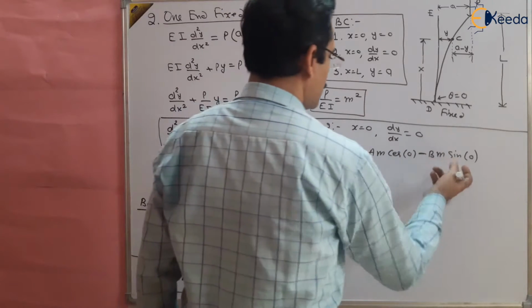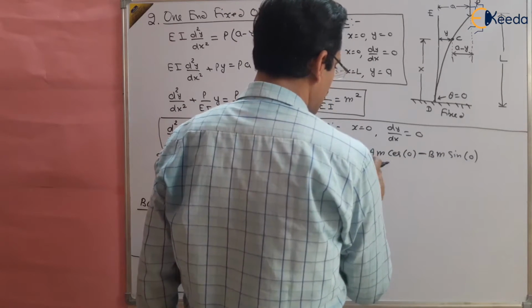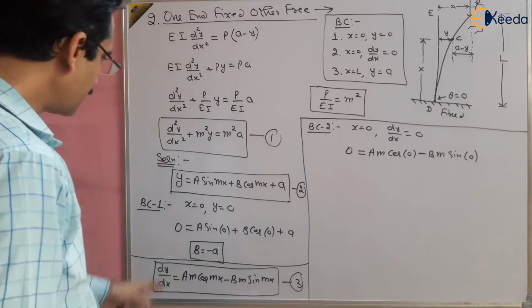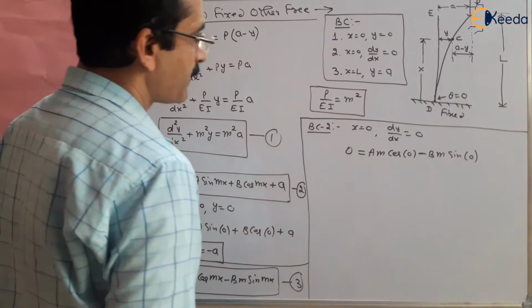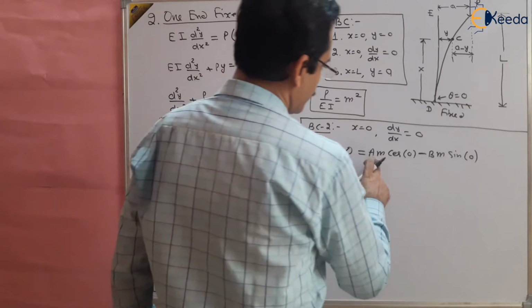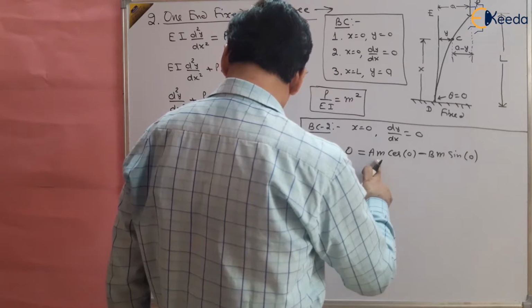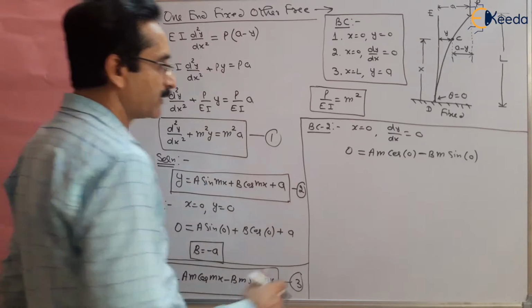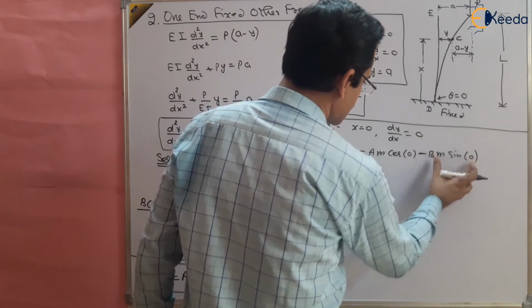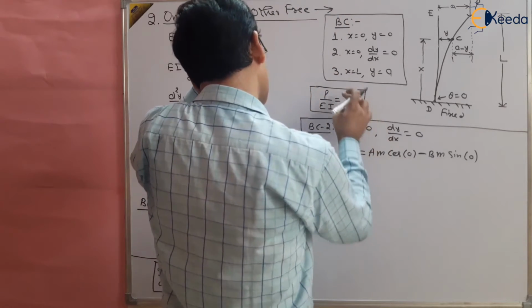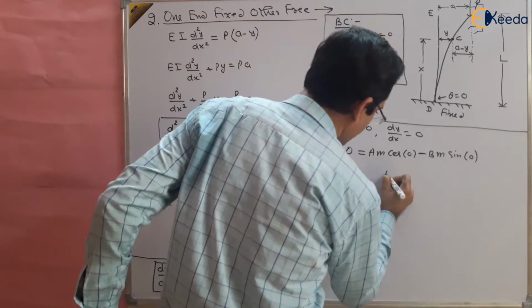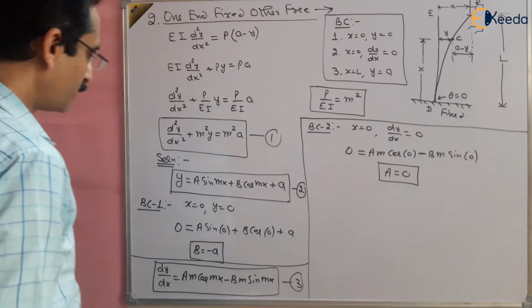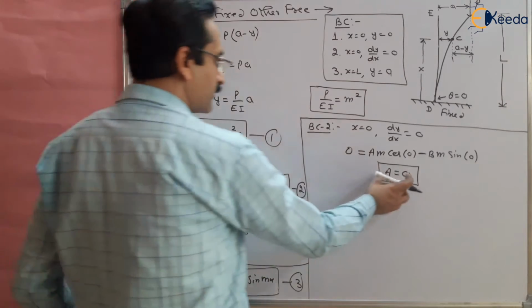Sin 0 is 0, cos 0 is 1, so am will be equal to 0. m cannot be equal to 0, so a is equal to 0 here, right? So b is equal to minus a, equal to 0.